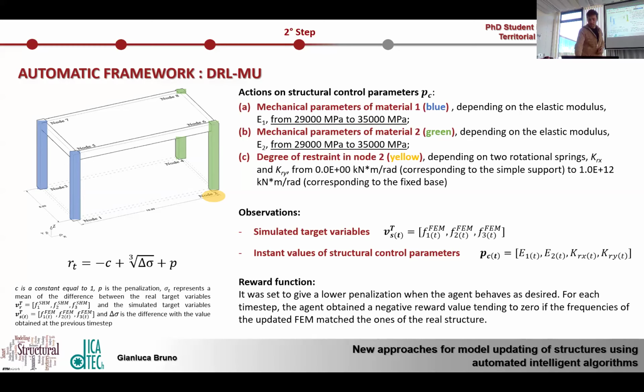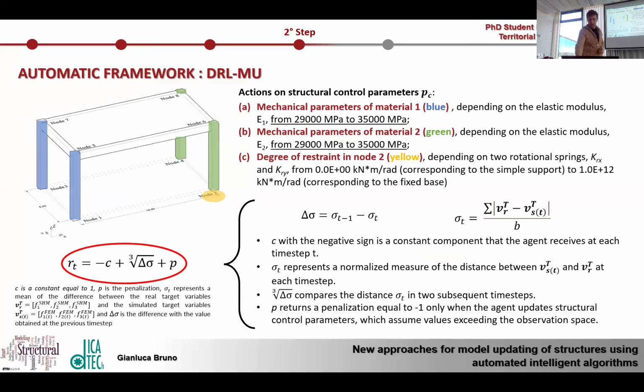In particular, the main characteristics of this reward function are reported in these parameters. Delta sigma is the difference between the average error between the real target variable and the simulated target variable. C is a constant equal to 1 and is a first penalization of the agent.